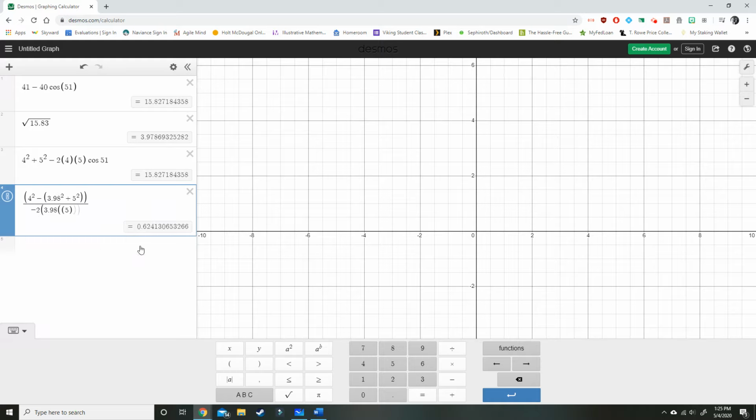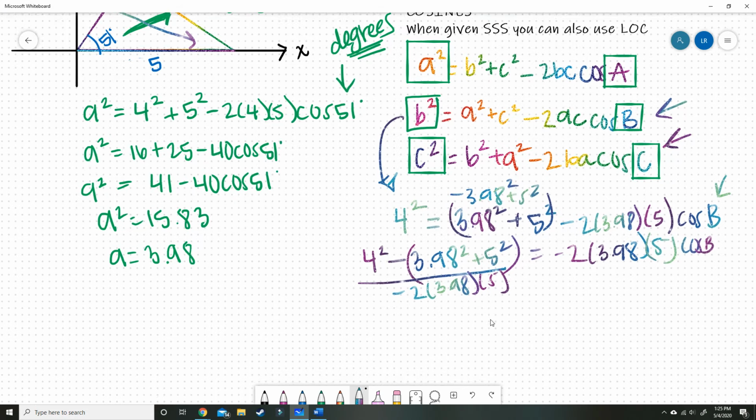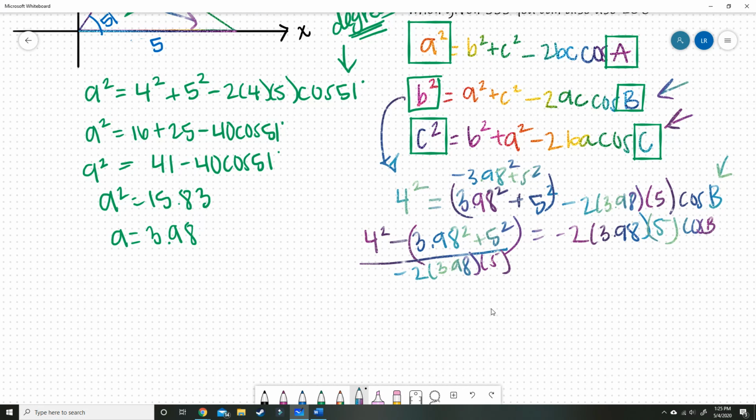And we get 0.624. So this side right here equals 0.624, and that's the same thing as cosine of b.